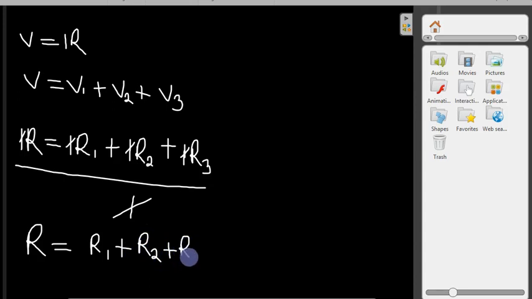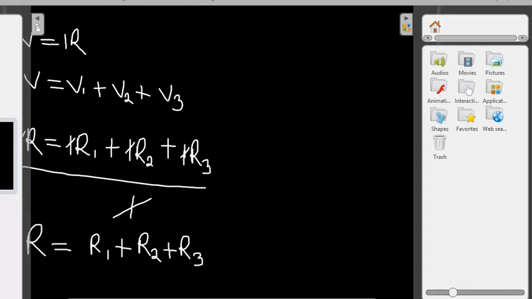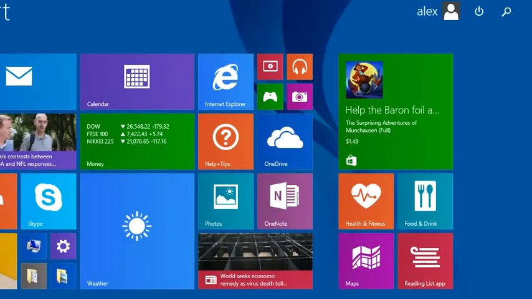If the resistors were many, let's say 4, we would also have plus R4, depending on the number that we have. So this becomes our expression for finding the total resistance when components are connected in series. Okay, so let's go back to our work.